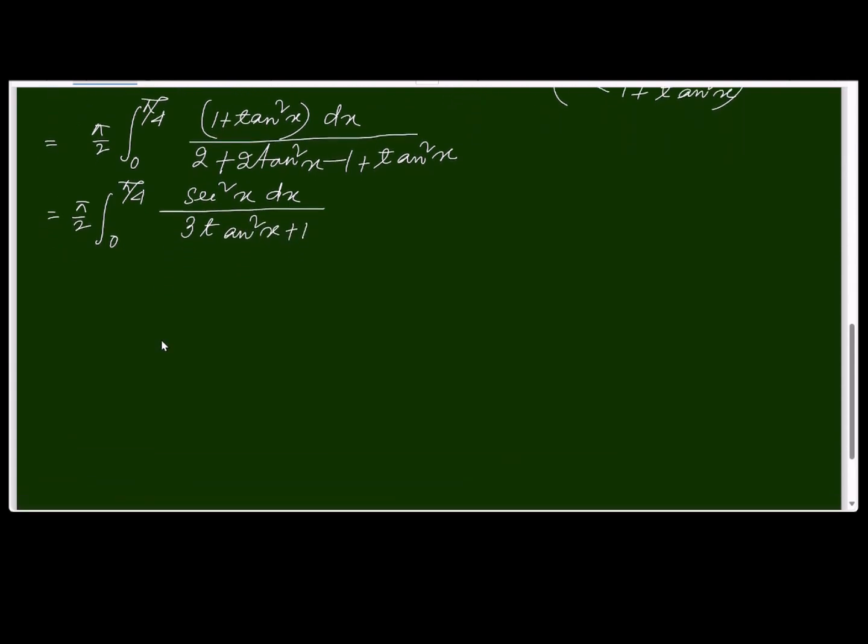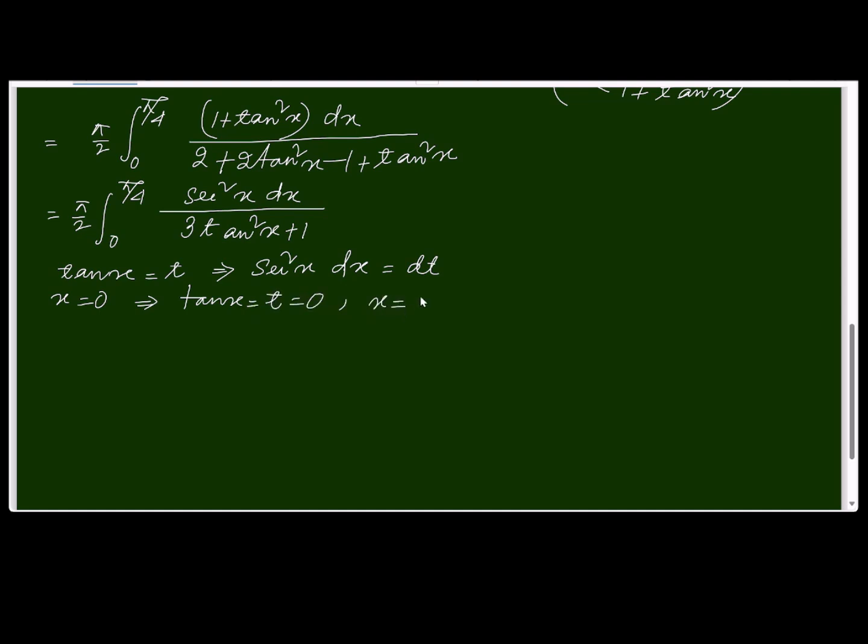I will take tan x as t, then its derivative sec square x dx will be dt, but you have to change the limits also. Here the lower limit is x equals 0, that means tan x, or t, equals 0. So the lower limit is again 0.